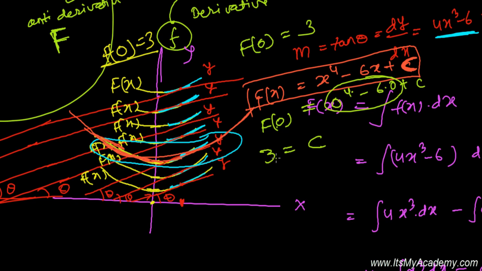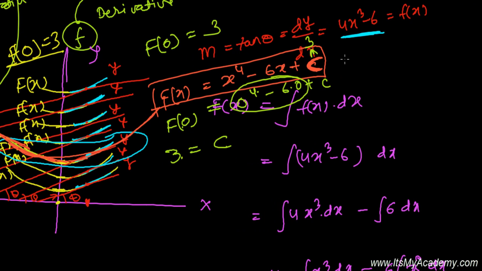So c equals 3, and this c will be replaced by 3. So the function is x to the power 4 minus 6x plus 3. This is the function, the antiderivative of f of x.